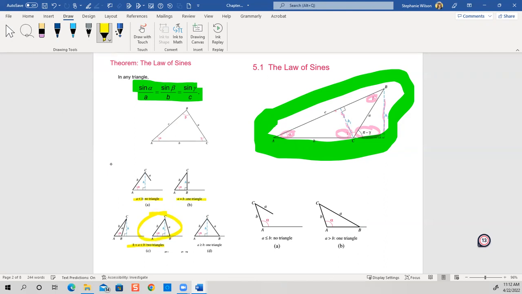These two are good visual examples. If side a is greater than or equal to side b, then we have one triangle. If side a is less than or equal to side b, then there are no triangles. And if side a is greater than side b, then we have one triangle.